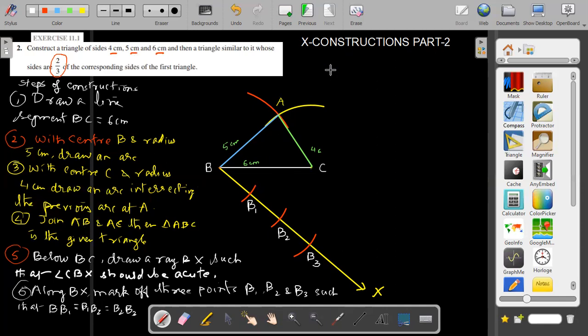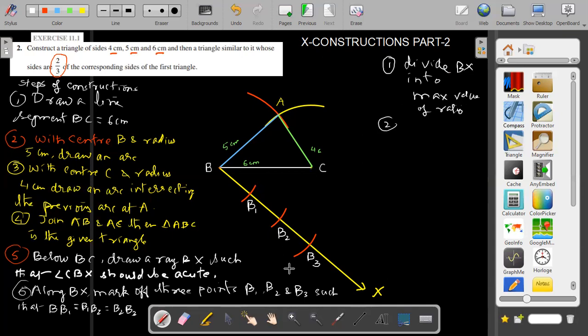Now the denominator. There are two things you have to remember. Number one, divide BX into the maximum number of parts, the maximum value of the ratio, whichever is maximum, numerator or denominator.